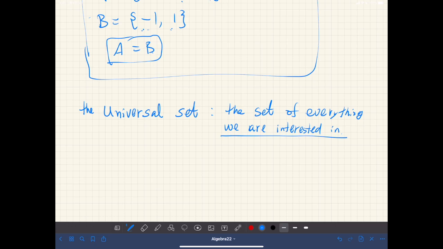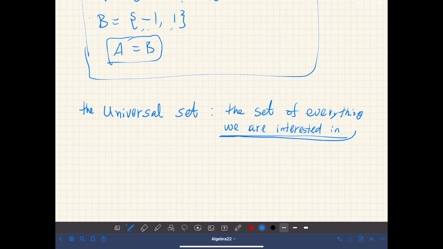Without this, the set of everything is a source of trouble, because if we consider the set of everything, then it should include the set that does not include anything, and also it should include the set of everything. So the set itself is a member of itself. It's a kind of source of contradiction, and it does cause a contradiction. So we exclude that possibility by limiting our interest.